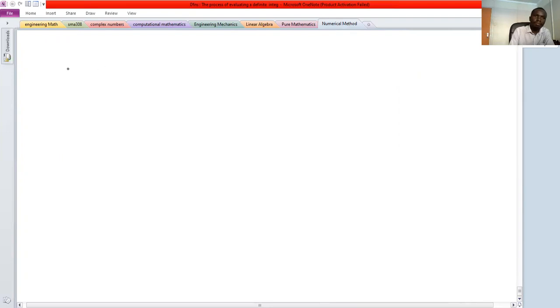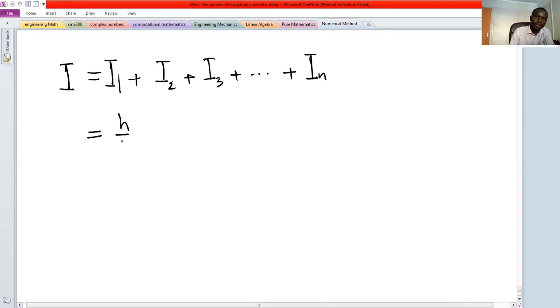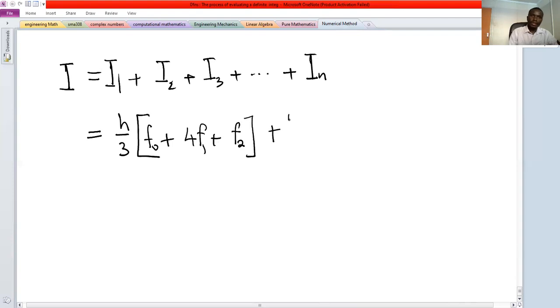So I is given by I1 plus I2 plus I3 up to plus In, which will be given by h over 3. The first one was given by f0 plus 4 f1 plus f2. I2 was h over 3 into f2 plus 4 f3 plus f4.